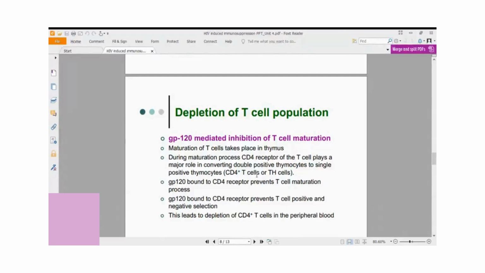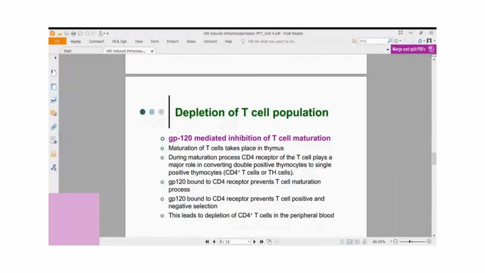Same way, the CD8 receptor is responsible for the TC cells. And this process of maturation and lineage of TH cells is a very important process. Without that, the TH cells will not be emerging to perform the immune response.